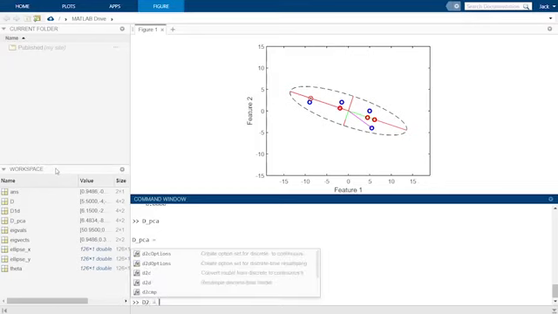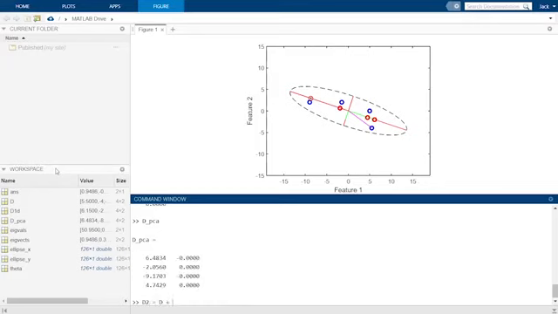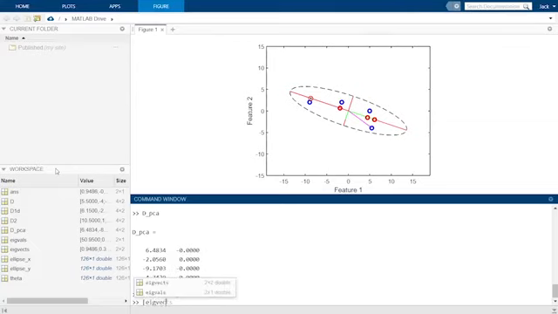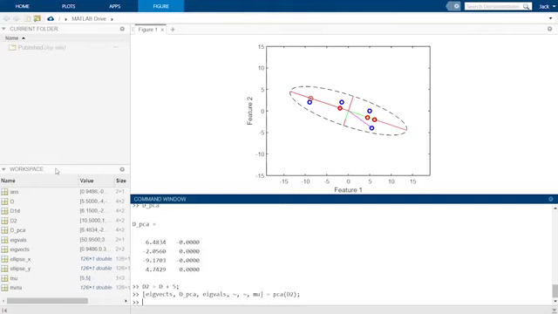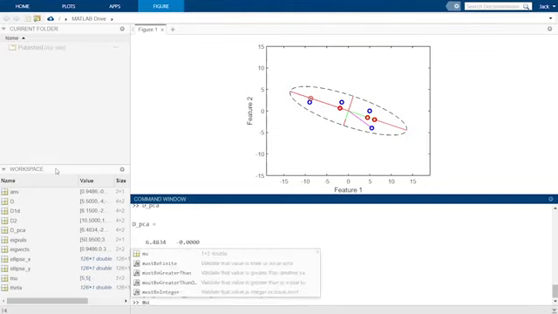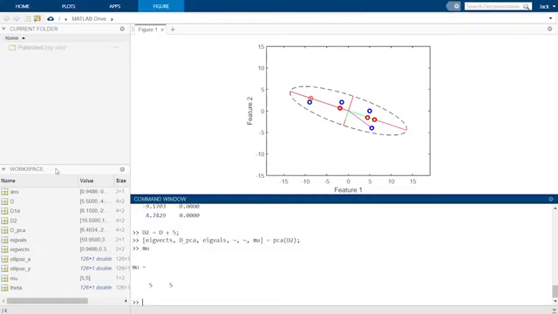For example, if our data do not have a mean of 0, but instead have a mean of 5, we can still compute our eigenvectors and eigenvalues and output mu in a sixth output. And we see PCA tells us mu for this data set is 5, 5.